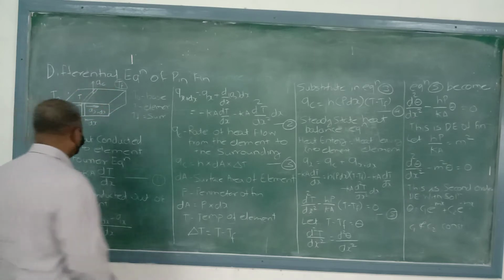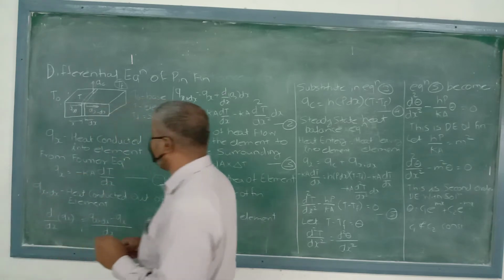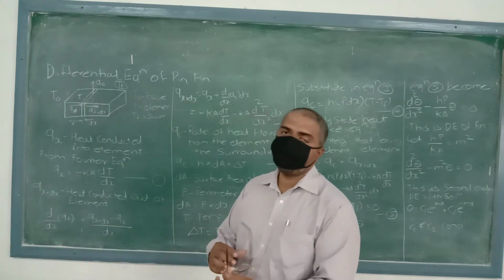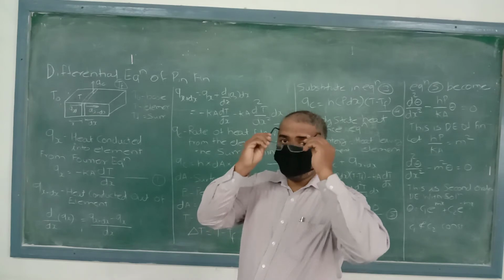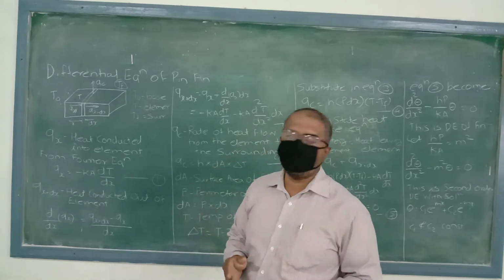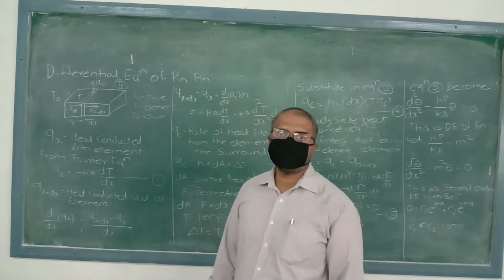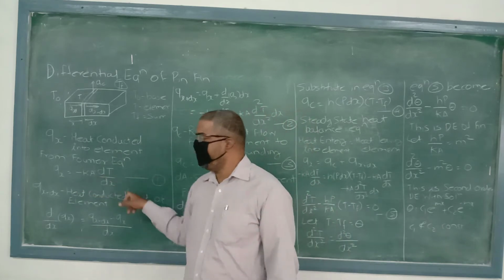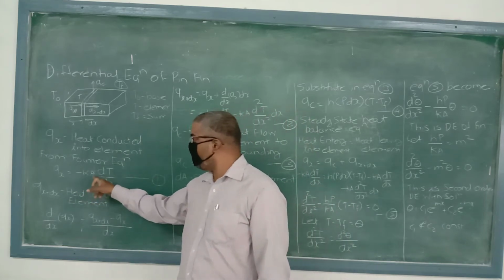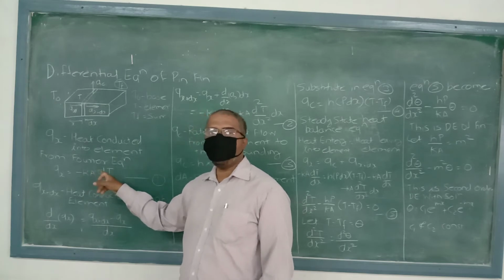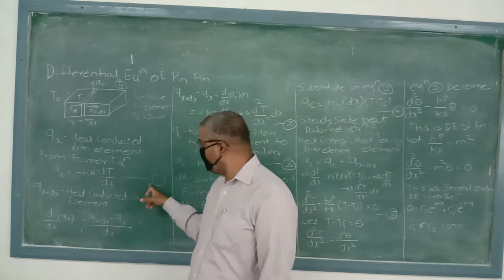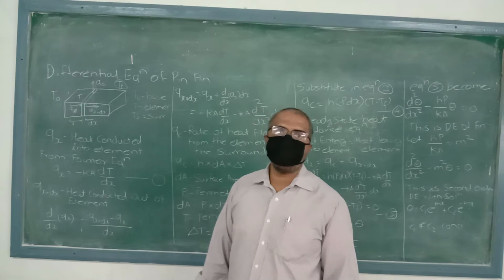Now Qx is the heat conducted into the elemental area. So we are applying the Fourier law. By Fourier law, we can write Qx is equal to minus KA dT by dx. So Qx we have calculated with the help of Fourier law. We are calling it equation number 1.